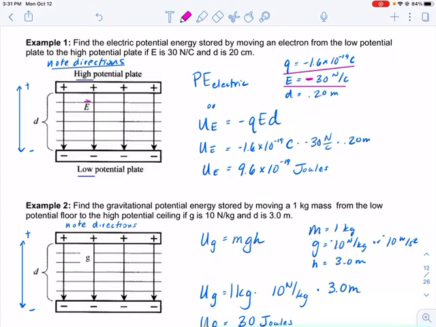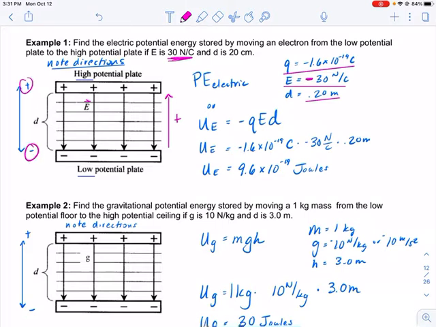So again, I know that this is a negative value because of the diagram, even though it doesn't say negative in the question. And then D, the distance, is 0.2 meters, 20 centimeters. And it's moving from low to high potential. So up is positive. So again, I'm designating up as positive and down as negative.